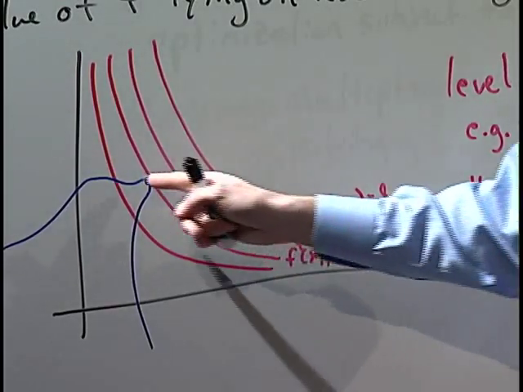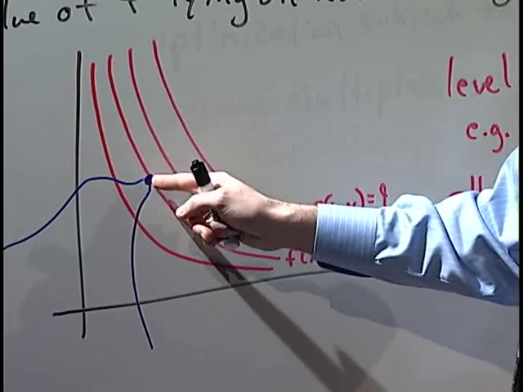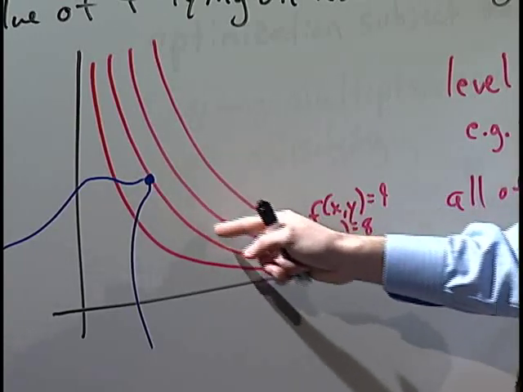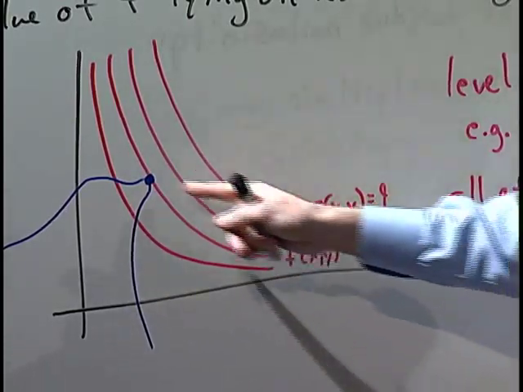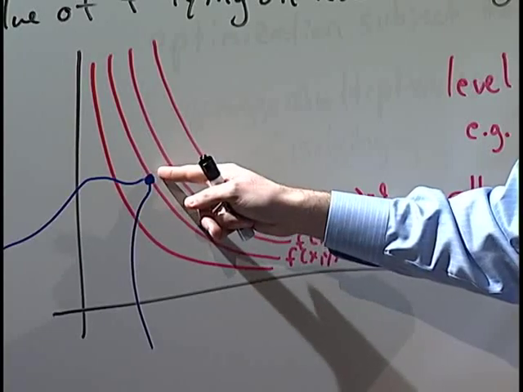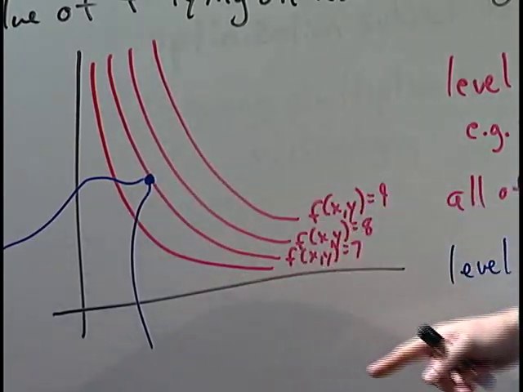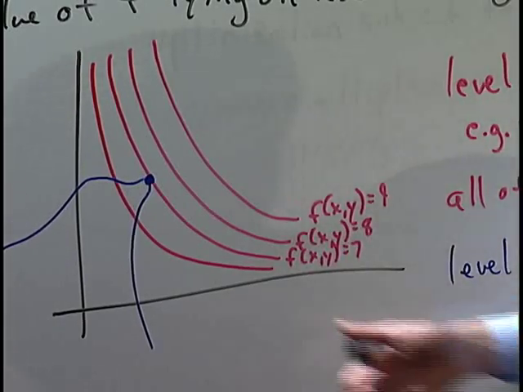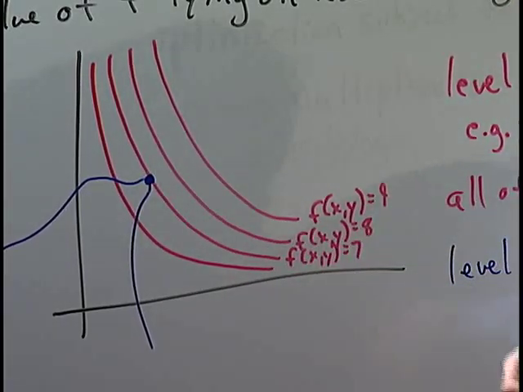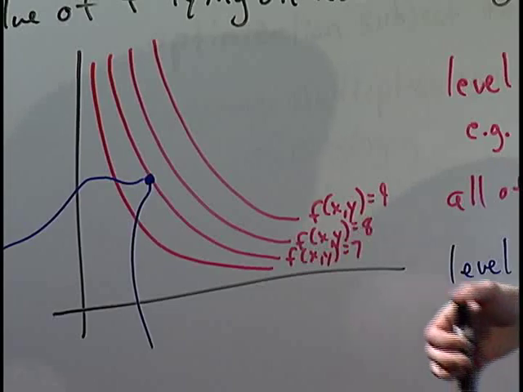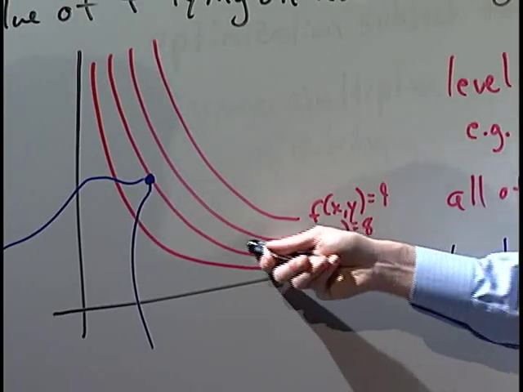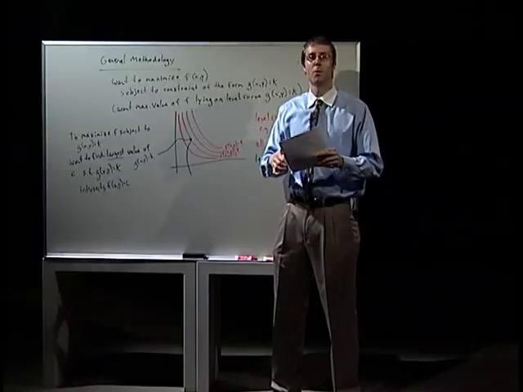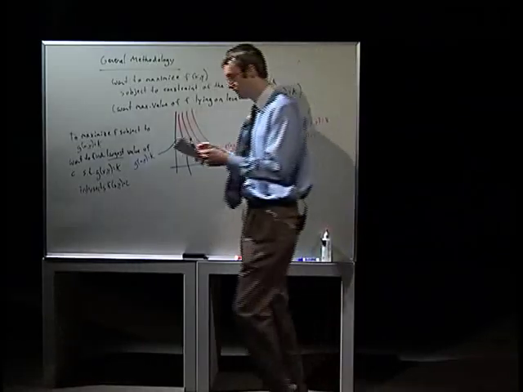And so if the blue actually crossed through this level curve here, f of x, y equals 7, and it ended up, say, here, well, the level curve f of x, y equals 7 wouldn't be the max value. Instead, it would be f of x, y equals 7 1/3 or 7.5. So at some point, there is some pink curve here where the blue just touches. It doesn't cross through at more than one point. It just touches there, okay?